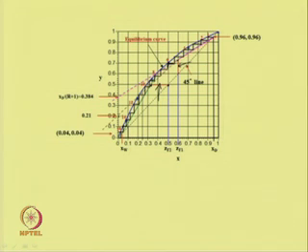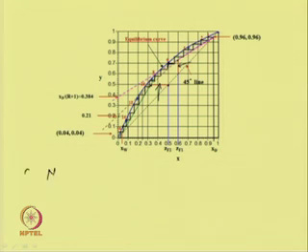Now, we can do the staircase construction to obtain the number of ideal plates required, and the shifting occurs at the intersection points from the intermediate operating line to the stripping section, as well as the intermediate operating line and the rectifying section operating line.